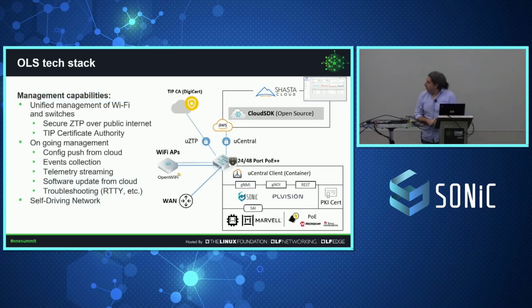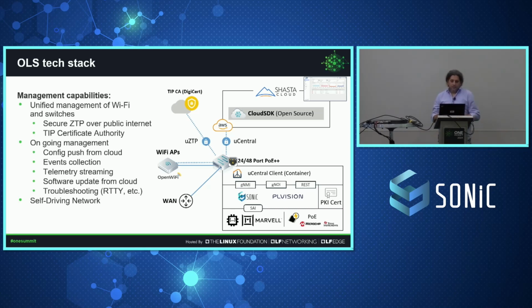Okay, so this is, I think, a great example of how it looks, and I want to talk about this picture because I think it's very interesting. As you can see in this picture, the heart of the system is the switch. We have two types of switches in this case, 24 ports and 48 ports, which support PoE+. PoE+ is used to connect all those endpoint devices like the Wi-Fi access points, which require power and networking services. It's also used to connect to the TIP certificate authority, and that's needed in order to connect to the cloud management.